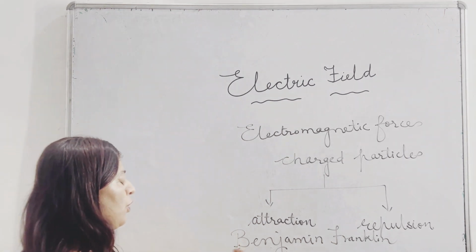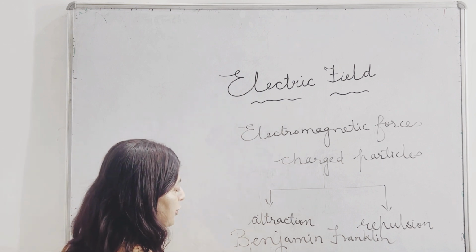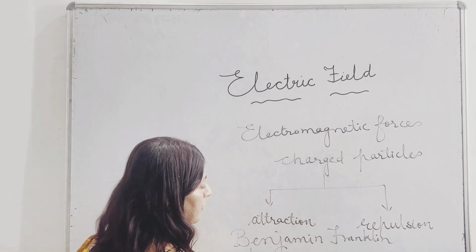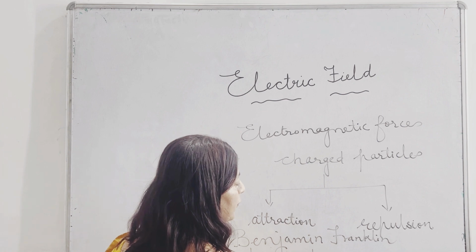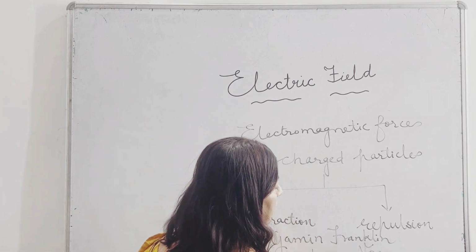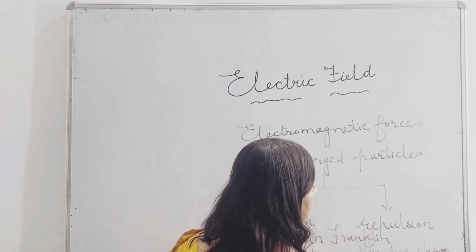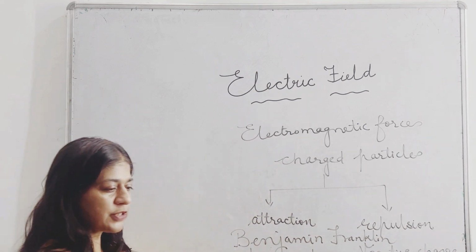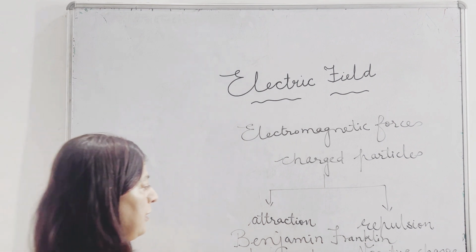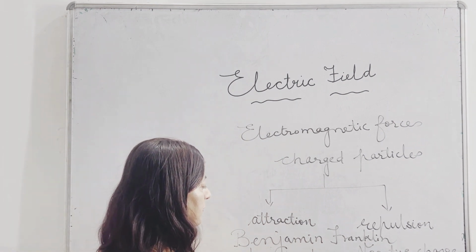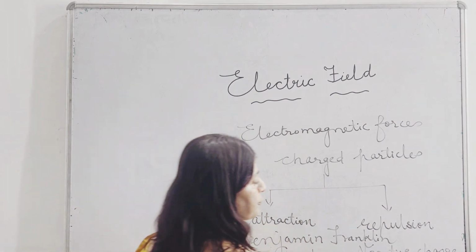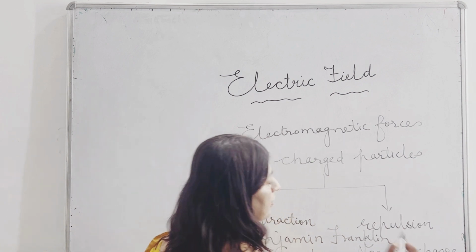Out of that, one is the positive charge, the other one is the negative charge. The positive charge is denoted by the plus sign and the negative charge is shown by the minus sign.